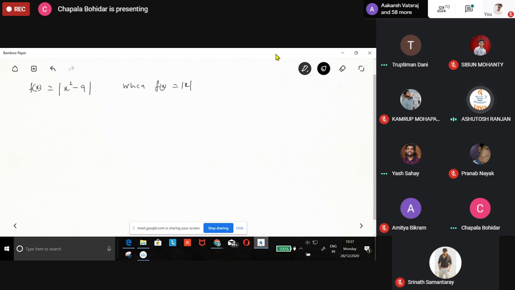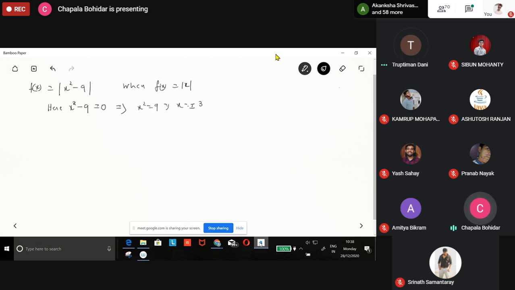So for what value of x am I getting 0 here? Here x square minus 9 equal to 0. This implies x square is equal to 9, which implies x is equal to plus minus 3.